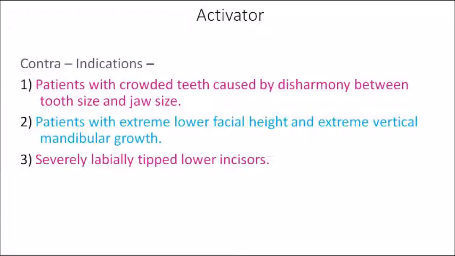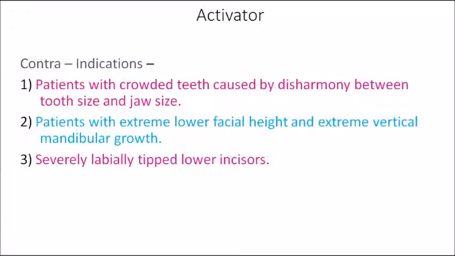Now, increased lower facial height with a vertical growth pattern is another contraindication for the use of the activator appliance. And finally, severely labially tipped lower incisors. If the lower incisors are severely proclined, then an activator is not an ideal choice of treatment.